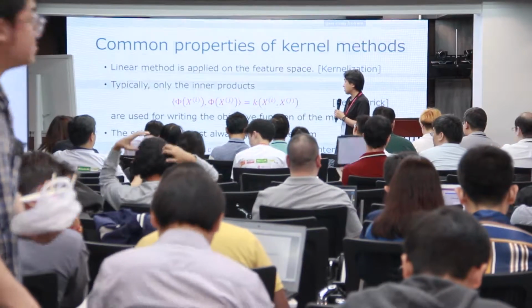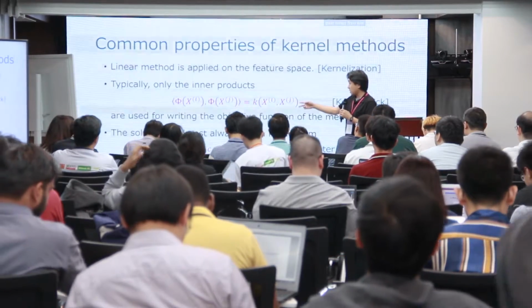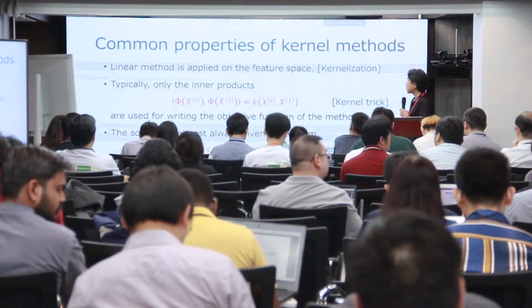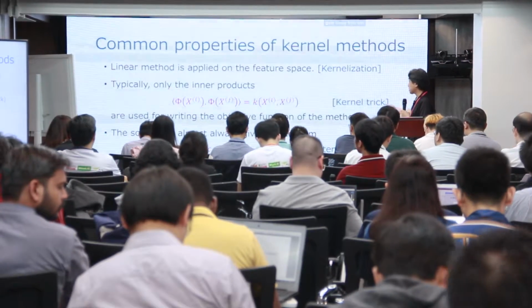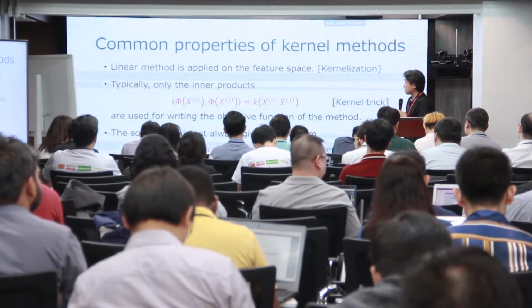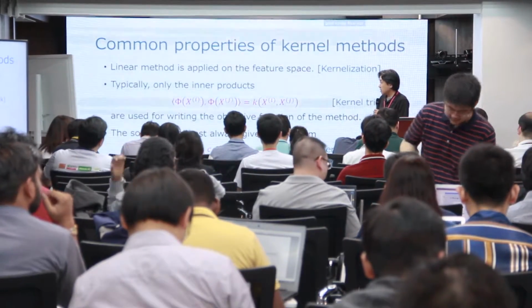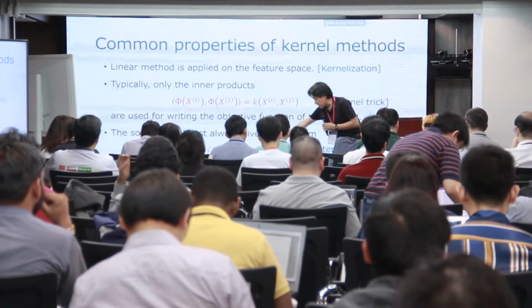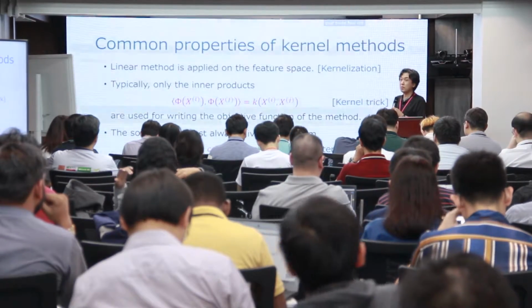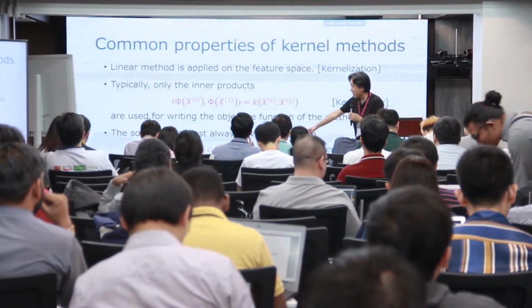And in kernel method, the inner product of the feature vectors is simply given by the evaluation of the kernel function like Gaussian kernel. So that's quite easy to compute. This is called the kernel trick. This is one point. And another thing is that the solution of some target is typically given by simply the linear combination of the feature vectors. So the feature space may be infinite dimensional, but the obtained objective function can be reduced to the finite dimensional problem.